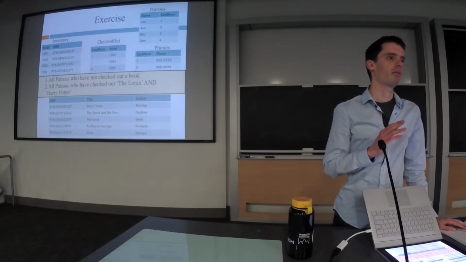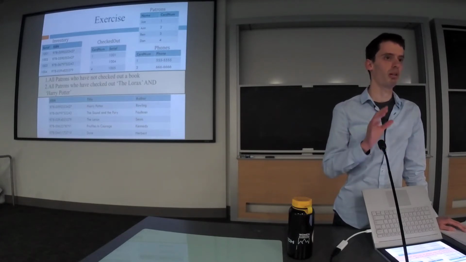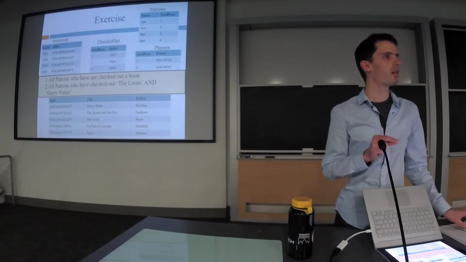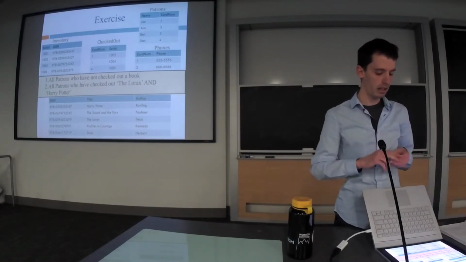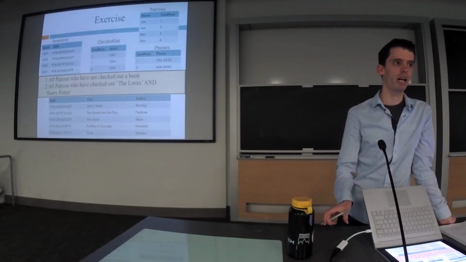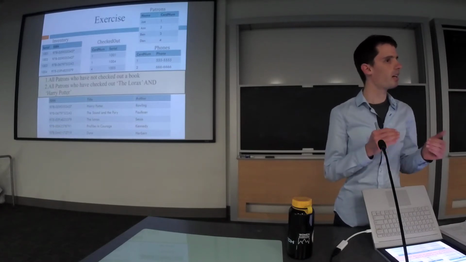Division is really hard to translate to SQL. We'll see how to do it, but try not to just come up with it on the fly. The hint here is use nested selects, and think of it kind of like an intersection.